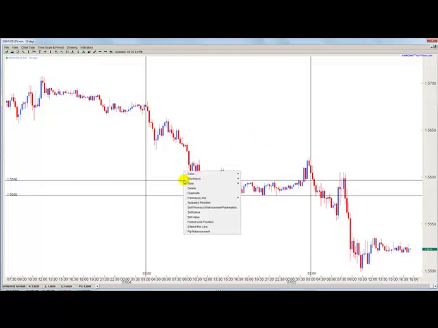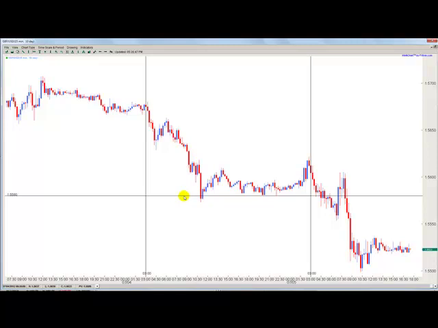So these produce some really huge moves, some really volatile trades, some very directional trades, and that's what you want when you're doing breakout momentum type of trading.